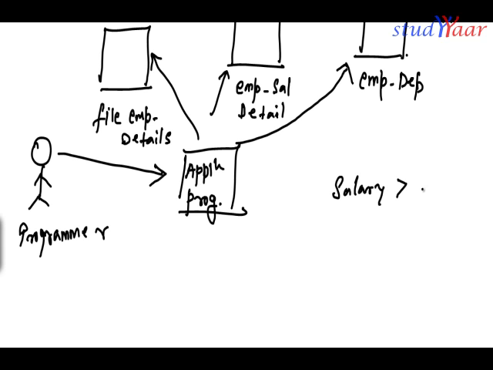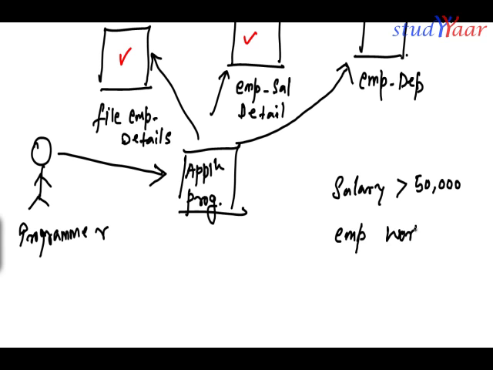So suppose I need to find the employees who have salary, say, greater than 50,000, okay? This could be anything, 50,000 rupees, $50,000, whatever. So for my query, which says I want all the employees having salary greater than 50,000, what's going to happen is this programmer is going to write a new application program which is going to read these 2 files, and he's going to find out the details for me, okay?